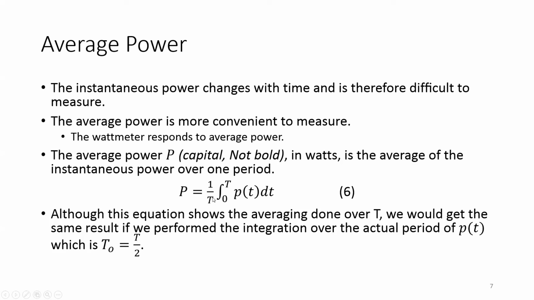Capital T was the time period for the current and voltage, whereas T naught was the time period for the instantaneous power. If we want to take T naught here, we can, because it's a periodic function and the average value of the power calculated for one cycle will remain the same for any number of cycles. So whatever cycles are considered, if we consider whole cycles, the average value will not be affected. With this argument, we can use T naught or T, either of them here.